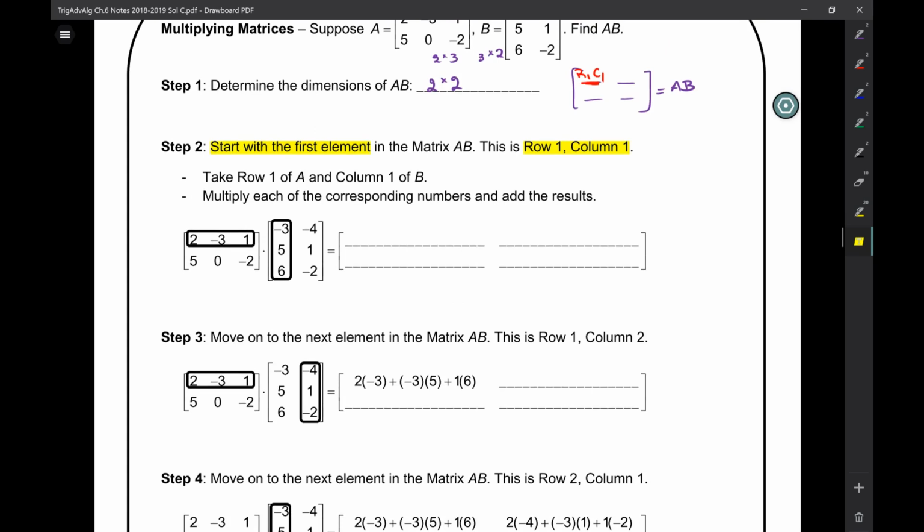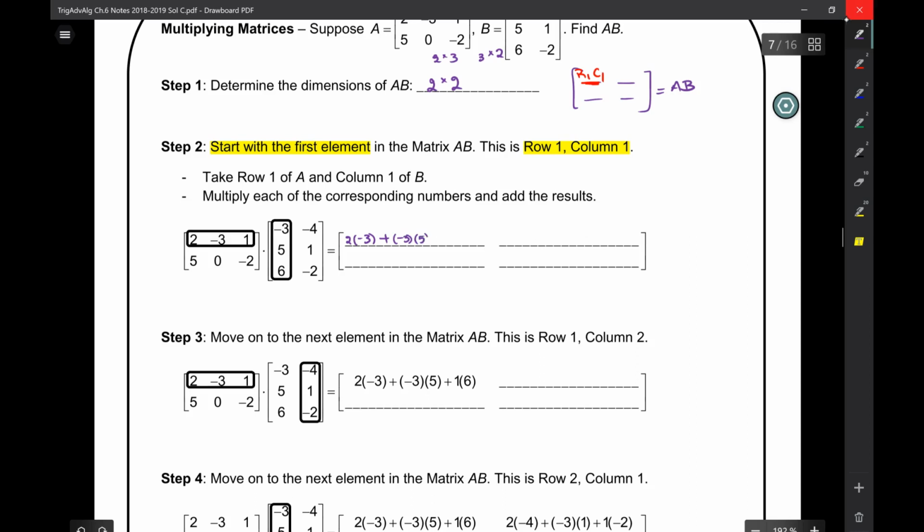You have to match the first with the first, the second with the second, and so on. What's the first number here in row 1? 2. What's the first number in column 1? -3. Okay, so you multiply those two together. So you get 2 times -3. Now, plus the second number, -3 times 5.